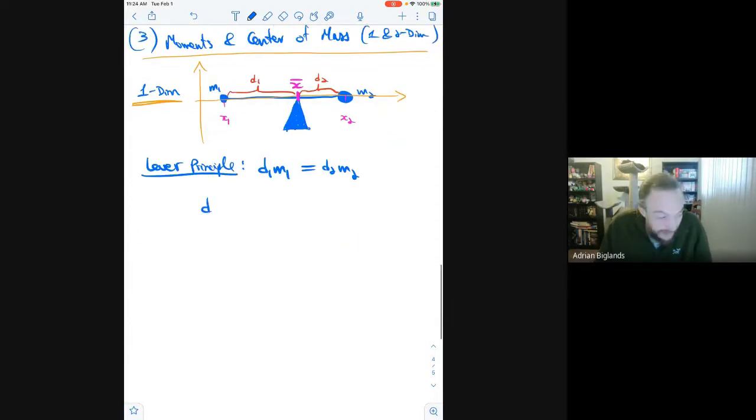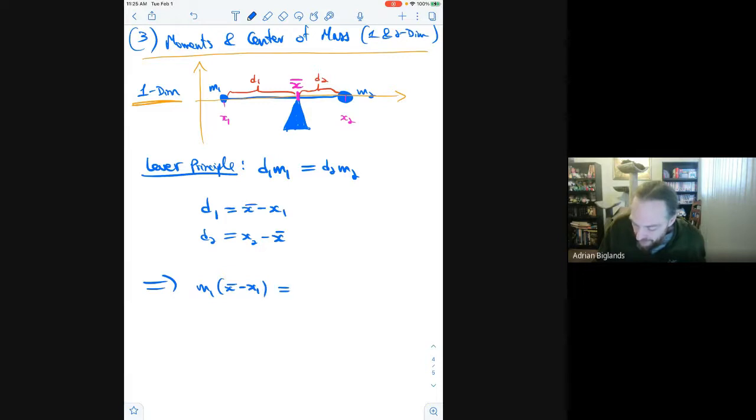Or we get that d1 has to equal x bar minus x1, and d2 has to equal x2 minus x bar. From this, we can conclude that m1 times (x bar minus x1) has to equal m2 times (x2 minus x bar).